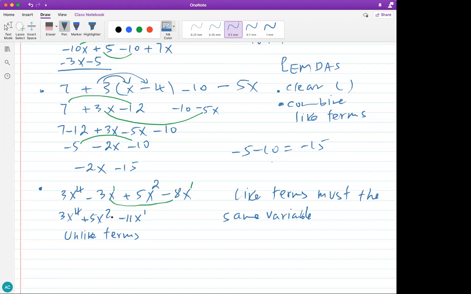As we saw here, you have to have the same power, okay? Not just the variable. Like terms must have the same variable and power. That's important.